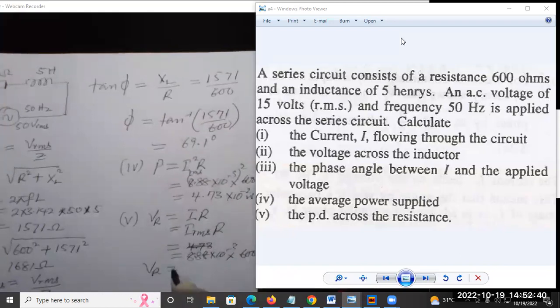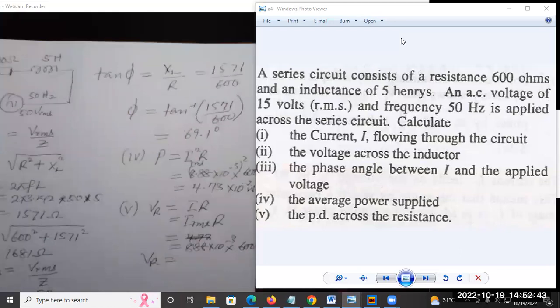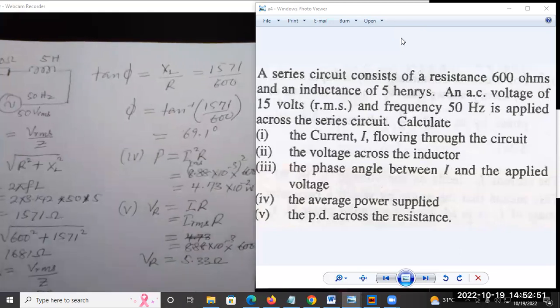Using a calculator, that will give us 5.33 volts. That is the PD across the resistance.